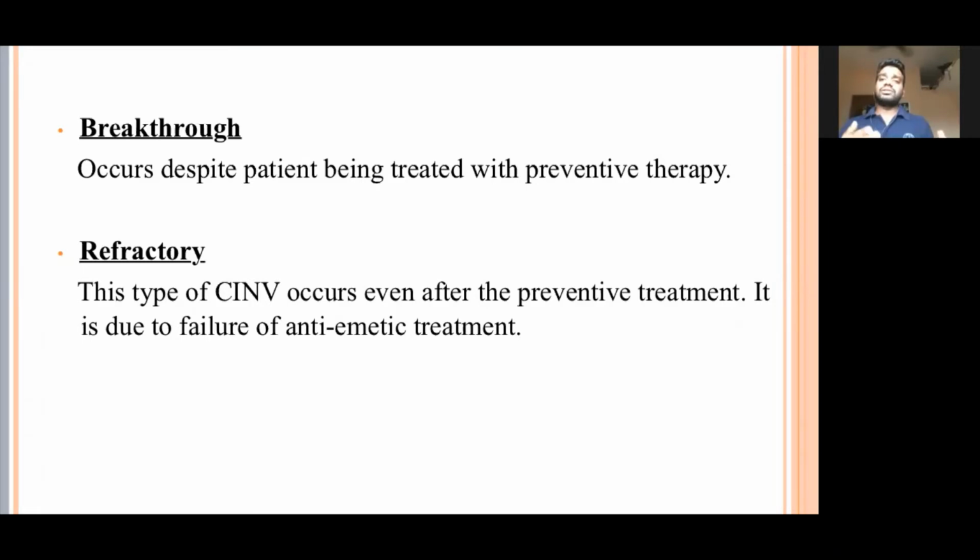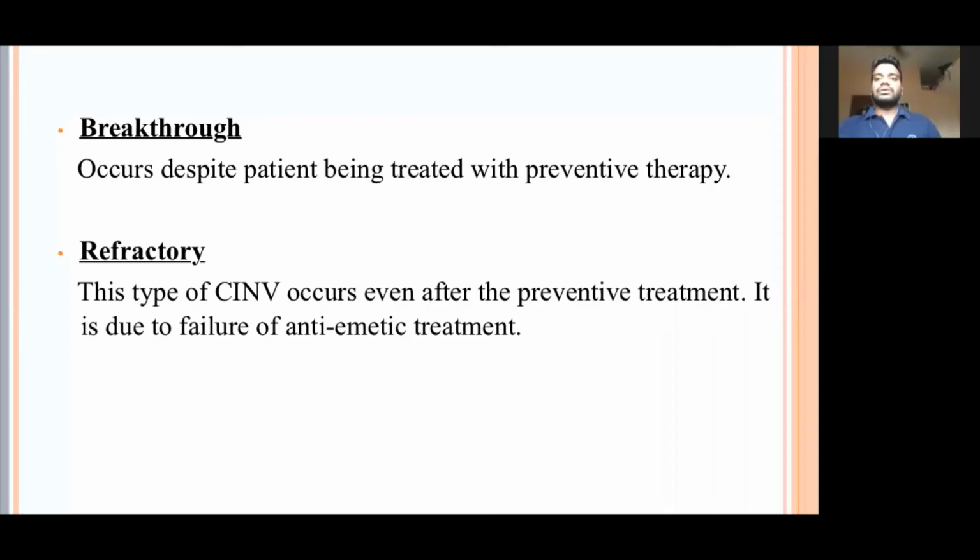So this point is similar to breakthrough, but in refractory we consider those patients in whom even the subsequent treatment fails. Even in subsequent cycles, they are not responding. So refractory is from cycle to cycle, whereas breakthrough is for one particular cycle.